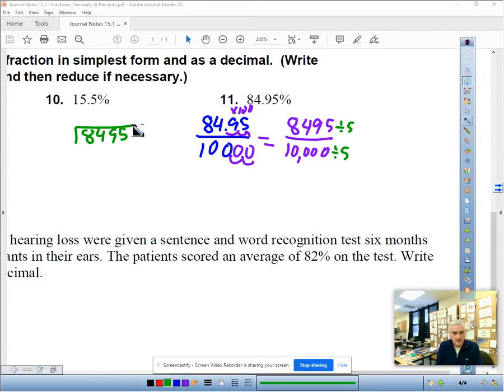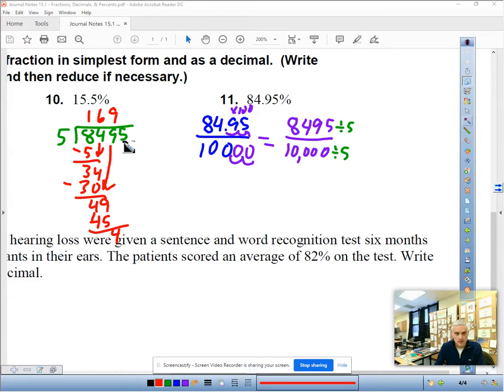8,495 divided by 5. Well, 5 goes into 8 one time, 1 times 5 is 5. Subtract it out, I get 3. Bring down the 4. 5 goes into 34 6 times. 6 times 5 is 30. Subtract it out, I get 4. Bring down the 9. 5 goes into 49 9 times. 9 times 5 is 45. Subtract out, you get 4.